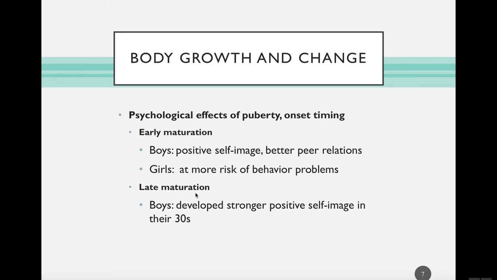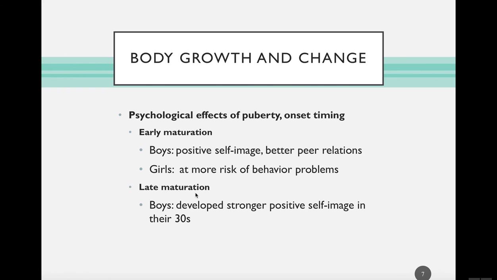Research has shown that the consequences of early maturation are different for girls than for boys. So, for boys, early maturing boys perceive themselves more positively and they have more successful peer relations than late maturing boys.